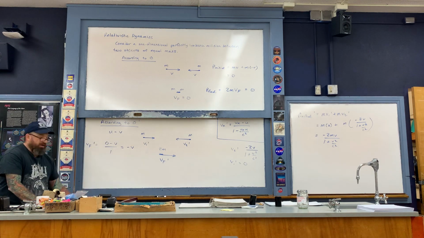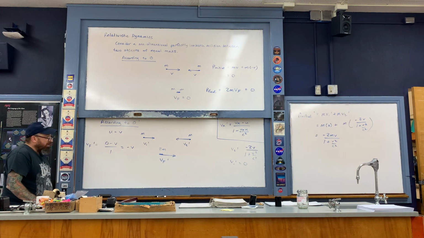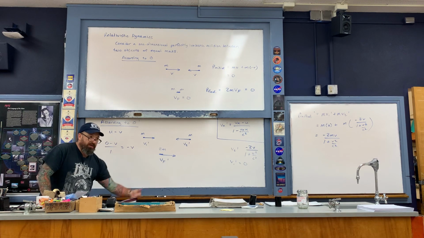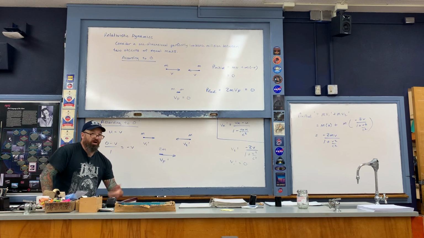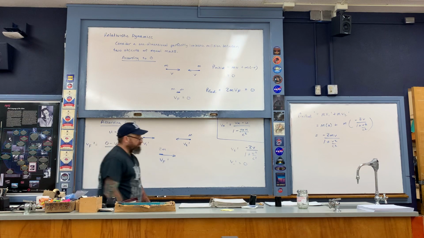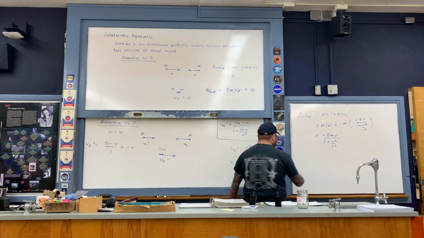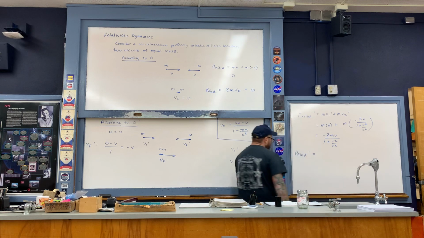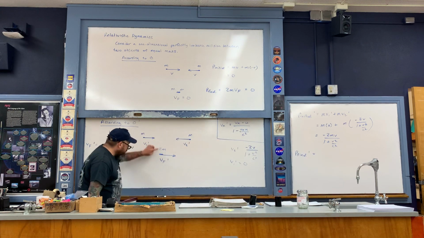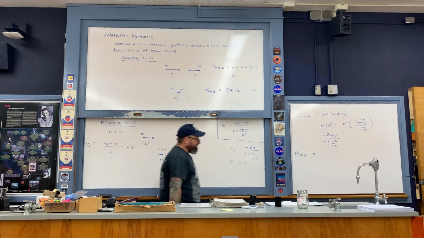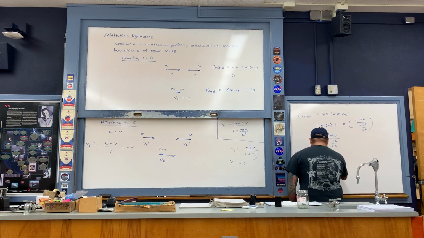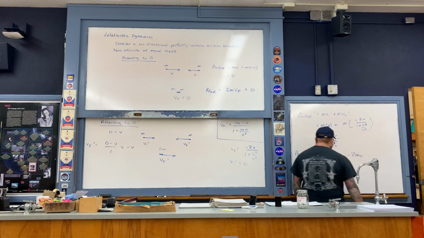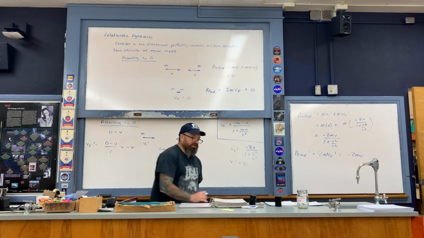Simplified, we end up with this value here for v final prime. So now on the right-hand board, let's go ahead and calculate out the final momentum of the system with respect to O prime. We'll call this P final prime. Okay, so P final prime is going to be 2m times v final prime. Like so. Plug in what we just calculated, however, for v final prime, and you end up with this value.